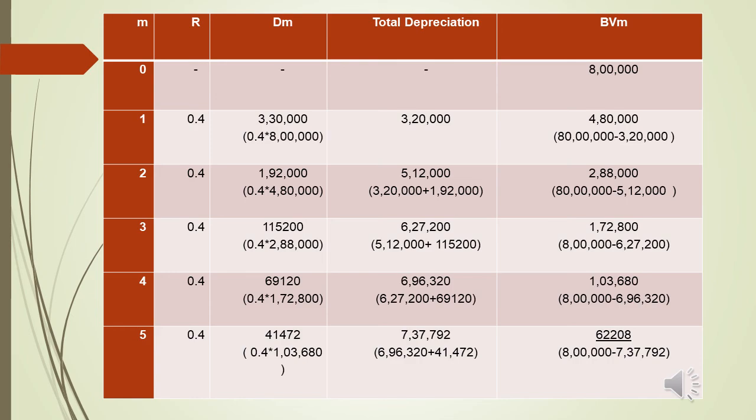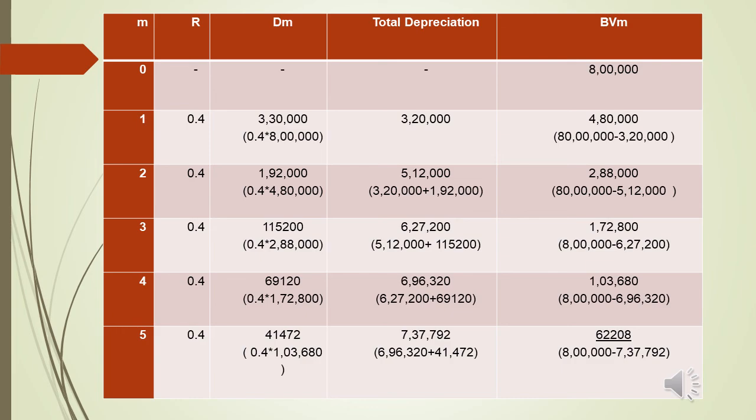Next, you are going to find DM for fourth year, that is 0.4 into BVM of third year. So 0.4 into 1,72,800 will give you 69,120. Now you are calculating total depreciation of fourth year. You are going to add total depreciation of third year plus DM of fourth year.